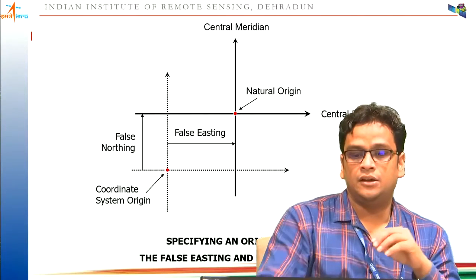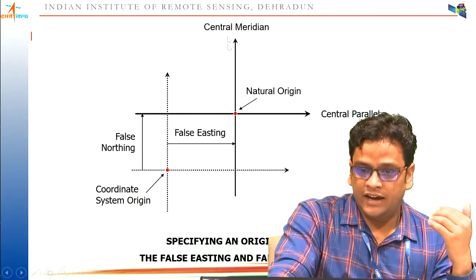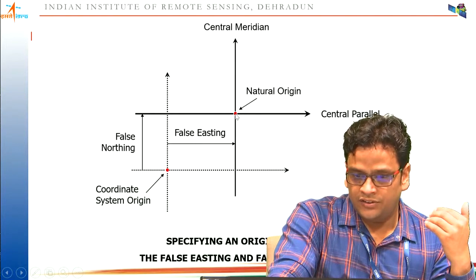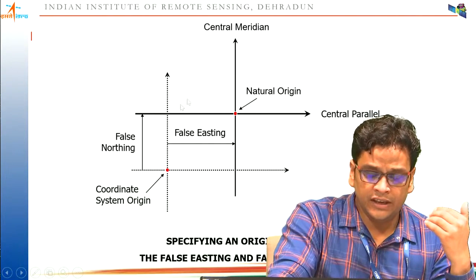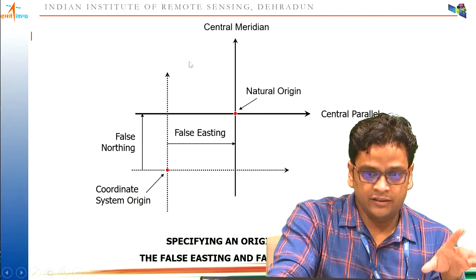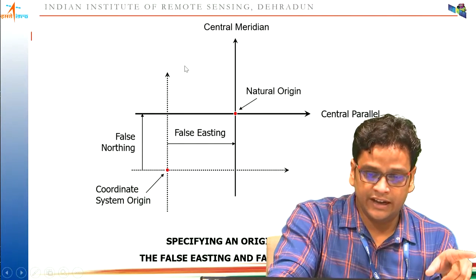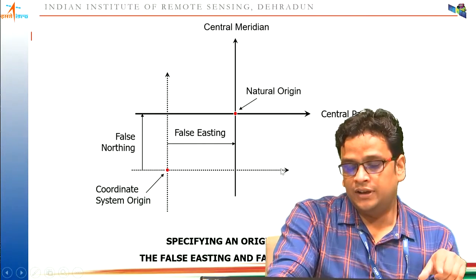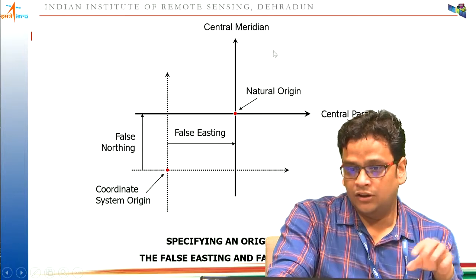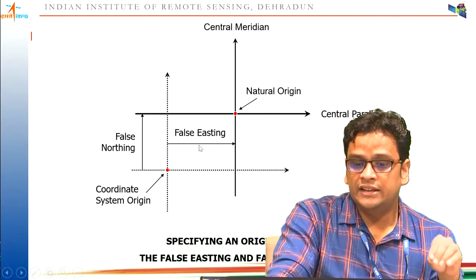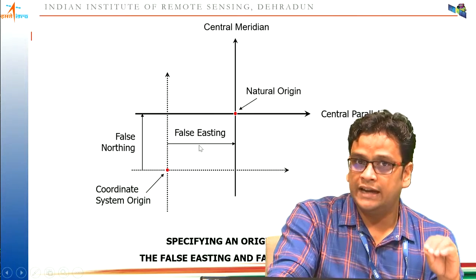false northing. So if we have a central meridian and the parallel, and with respect to that one origin is there, the first quadrant will be positive positive, the next will be negative positive, the third will be negative negative, and then positive negative. The quadrants distribute the points like this. So in this quadrant the points will be negative negative.